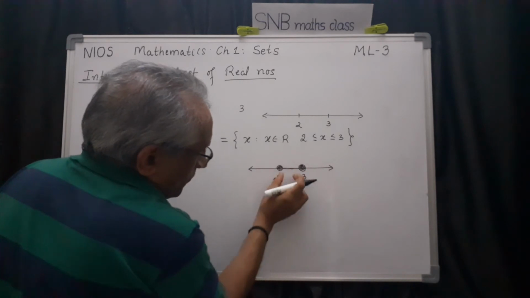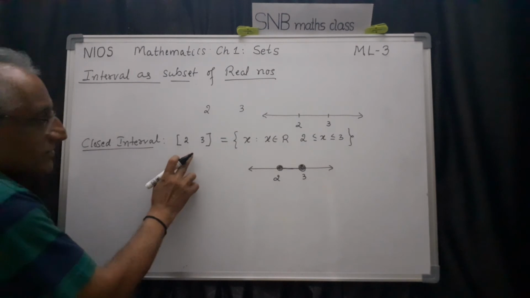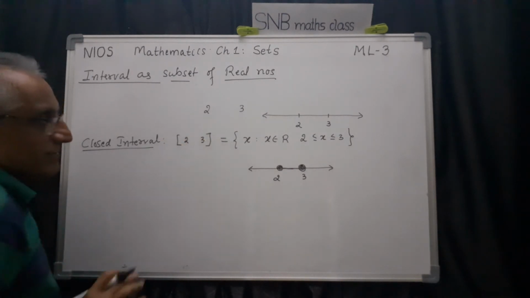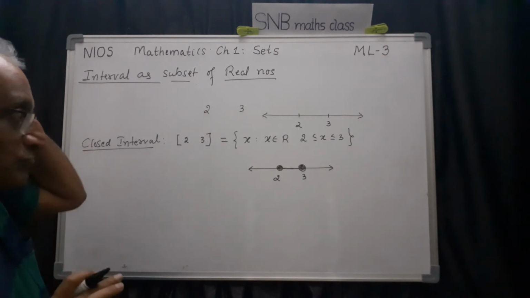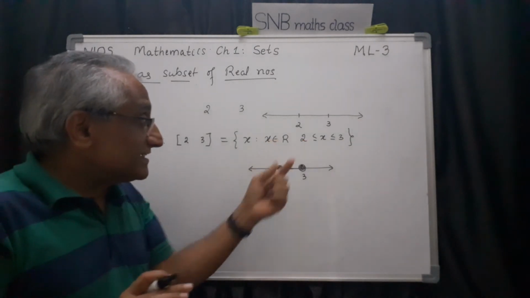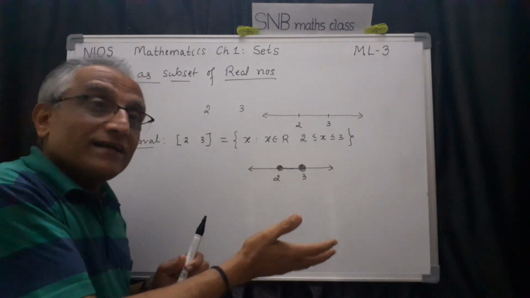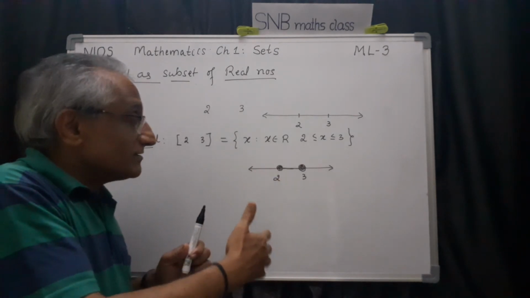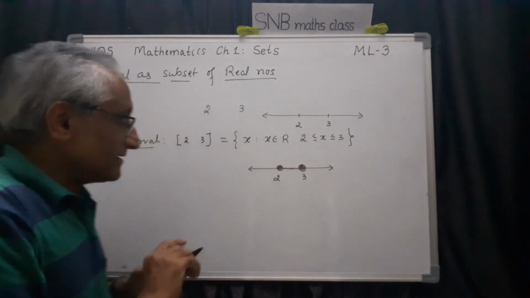So that means all the numbers between 2 and 3, including 2 and 3. That is denoted by 2, 3 with square brackets on both sides. This is called a closed interval. And remember, it is an infinite set, because between 2 and 3 there are infinitely many points, and points are represented by real numbers, either rational or irrational.